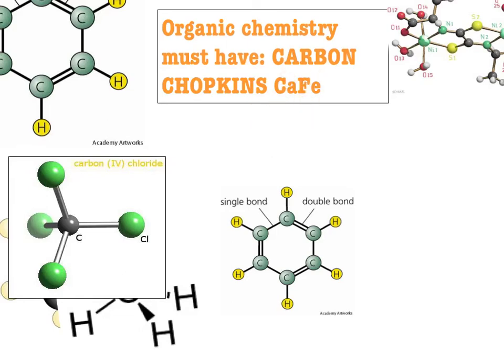CHOPKINS CaFe lets us know if we see an element, will it bond with carbon? If it has any of these letters in CHOPKINS CaFe as the element, then yes, it will bond with carbon. So CHOPKINS CaFe is our mnemonic device to say yes, it will bond with carbon.